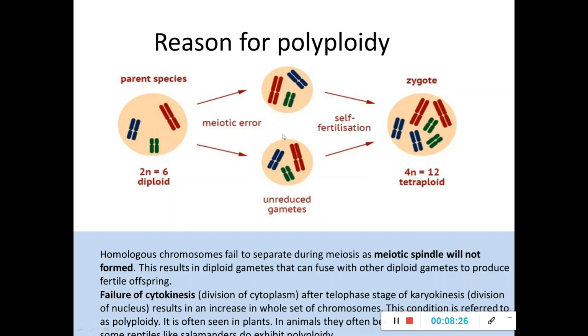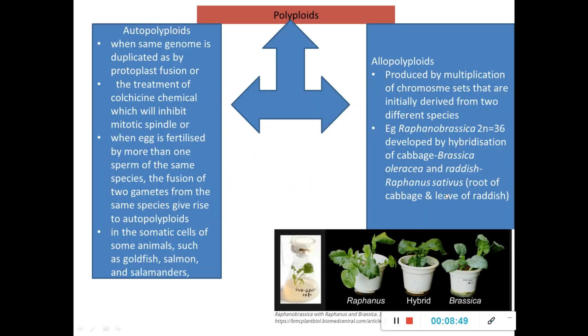It was due to a meiotic error in which the 2N organism was not converted into a 1N gamete. The normal condition is that a 2N or diploid species is converted into 1N gametes. Instead, here it remains as 2N itself, and so when they fuse, you get a tetraploid zygote.